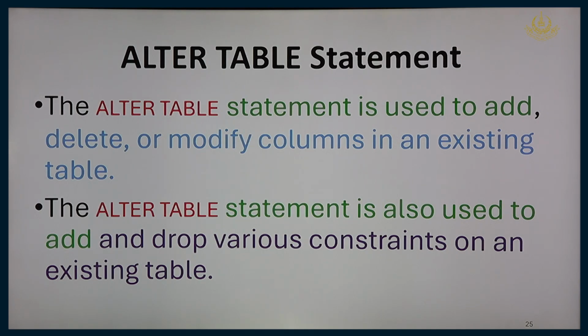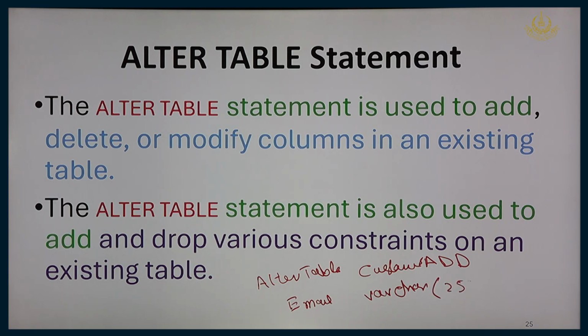For example, alter table command, then the name of the table. For example, it's customers. We want to alter customers and then use the keyword add email, a new column, email, its type varchar and its length 255.